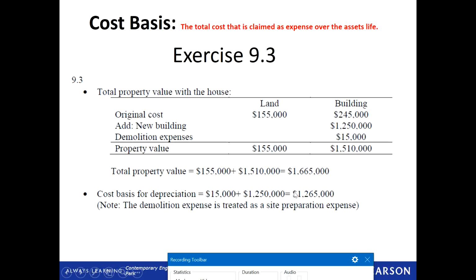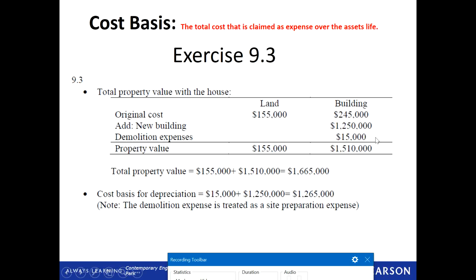But which cost are you going to depreciate for accounting depreciation? Remember, we said that land you cannot depreciate. For the building, you paid for something which was there, a building on this land, but that building is no more there now. It's removed, because this demolition expense means you removed the building.